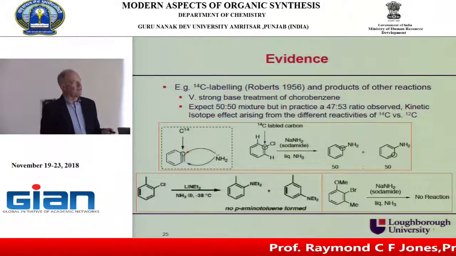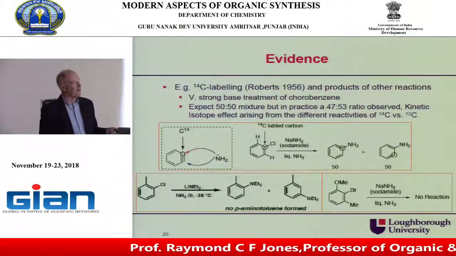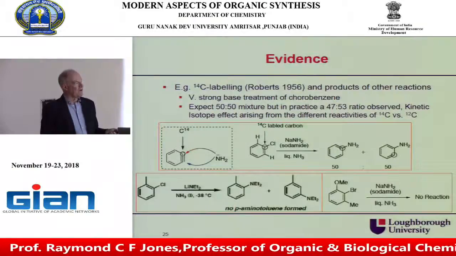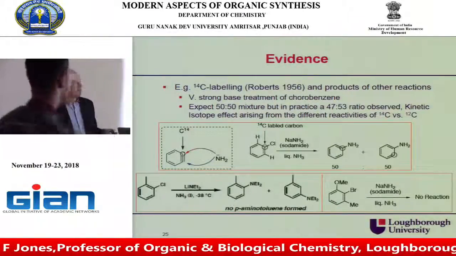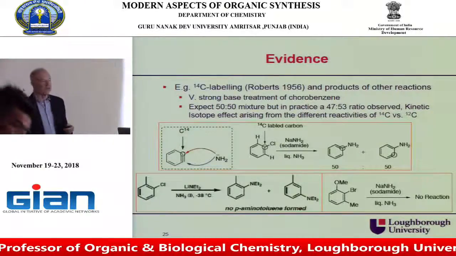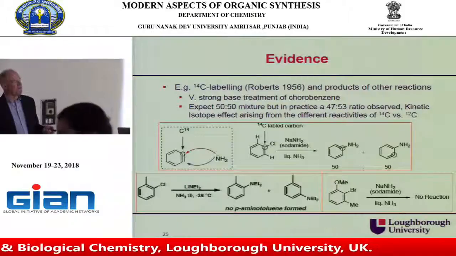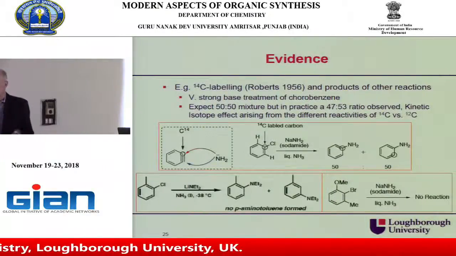Now you would expect, if there really is benzyne, this is what he proposed, that there was benzyne, which would then have a carbon-14 at one of the two carbons involved in this supposed triple bond. You would expect a 50-50 mixture, because there would be no preference between the two.